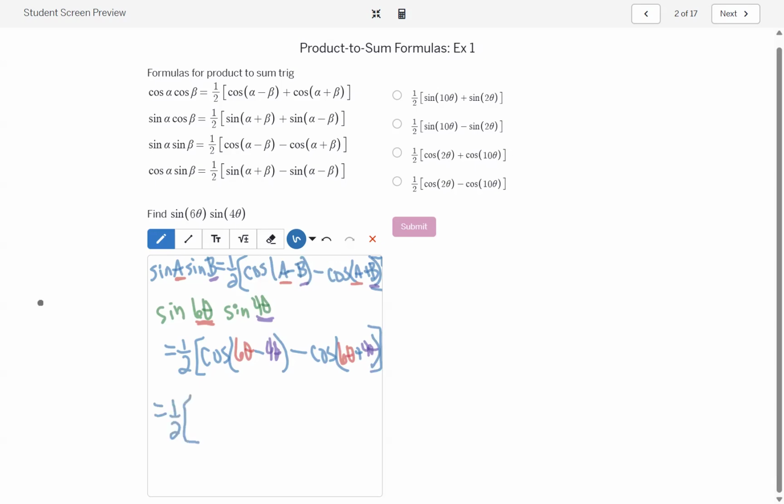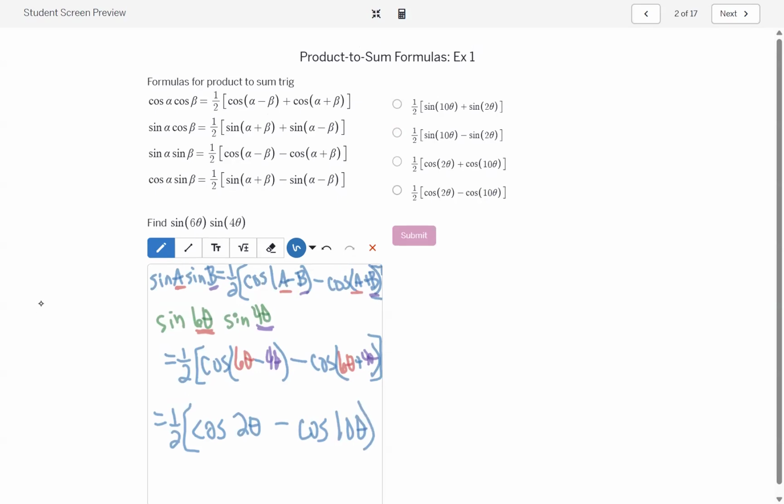And then all we have to do from there is the subtraction or addition inside. So 6 theta minus 4 theta is 2 theta, and 6 theta plus 4 theta is 10 theta. Then we're just pattern matching, which is, for me, the fourth answer.